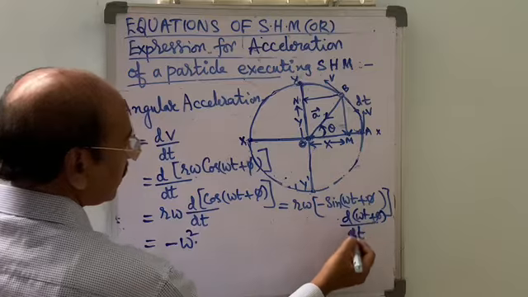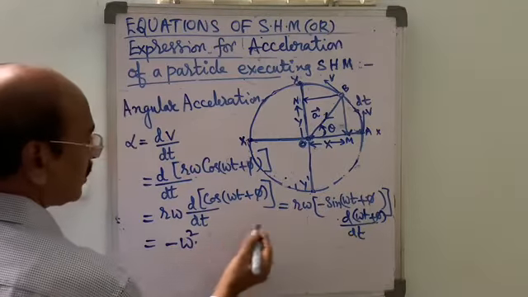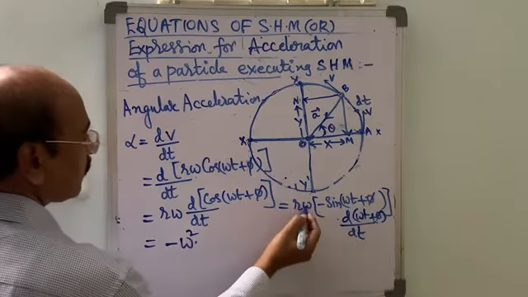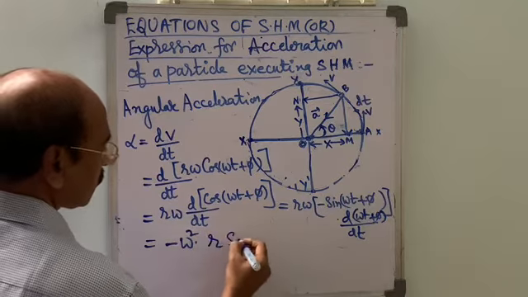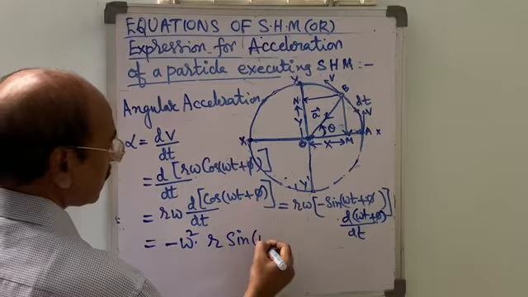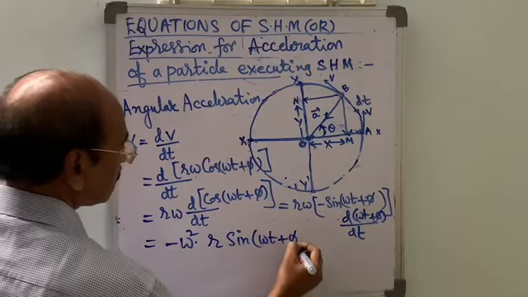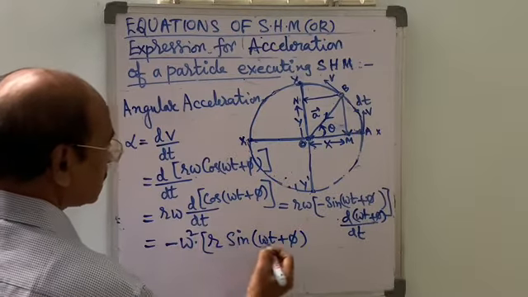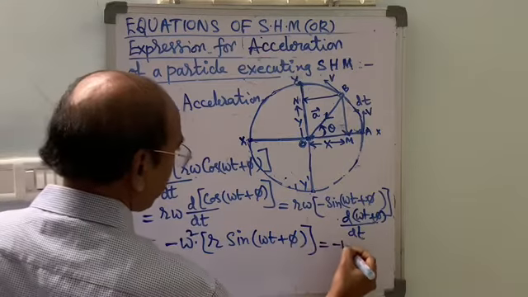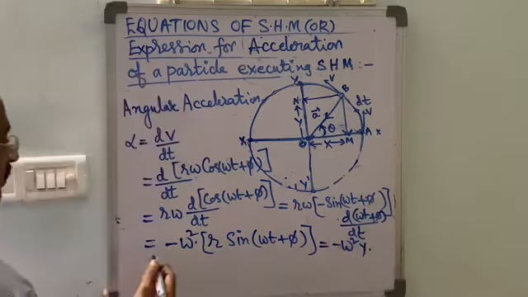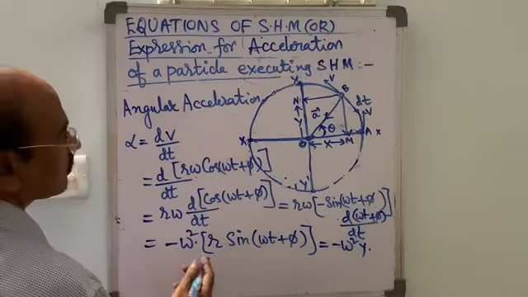Omega into dt by dt is 1, therefore omega into omega, omega square into r sin omega t plus phi. This is nothing but y, therefore minus omega square y.